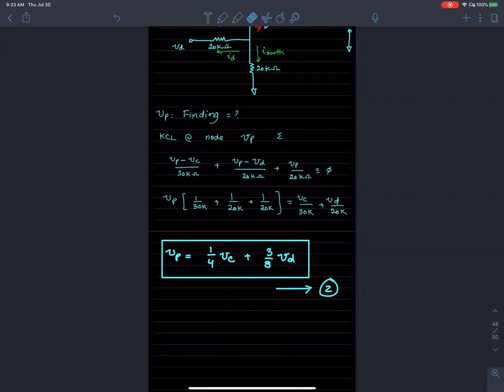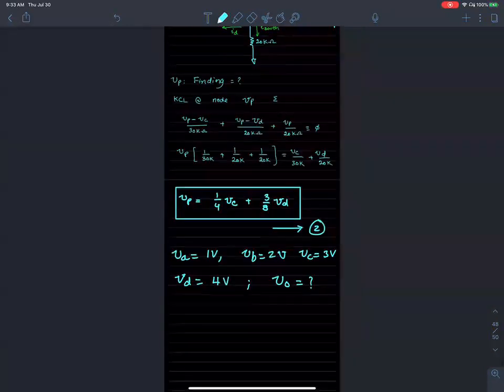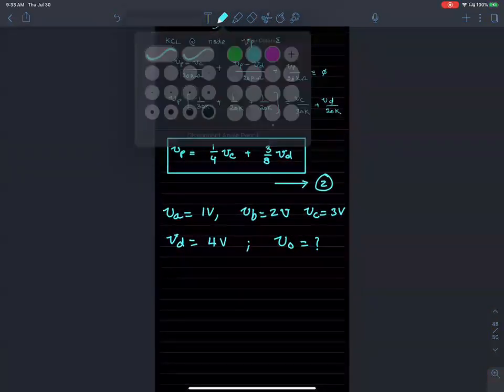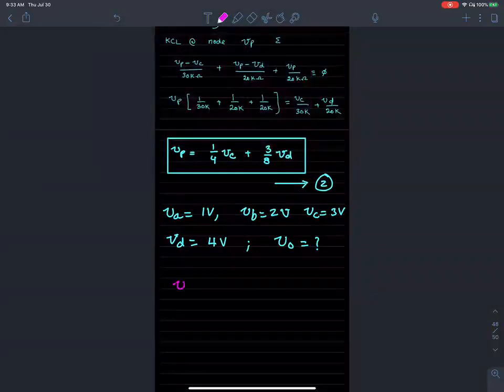So if I give you a value for VA equals 1 volt, VB equals 2 volts, VC equals 3 volts, and VD equals 4 volts, and I ask you to find out VO, the first thing you would do is to calculate the value of VP.